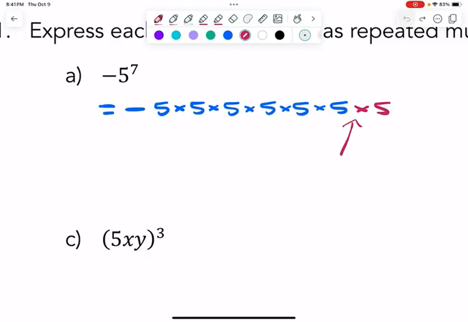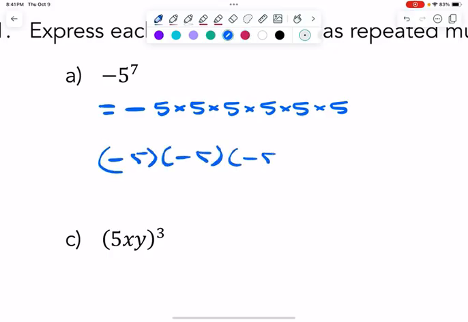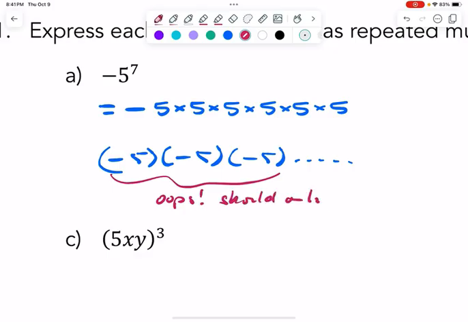Or if you accidentally had all these as -5, then again, make a little note to self. You can say you made a little oopsie poopsie. Whoops. Should only be one negative and the rest positive because of how this exponent applies.